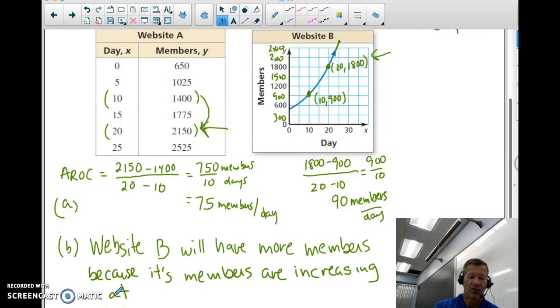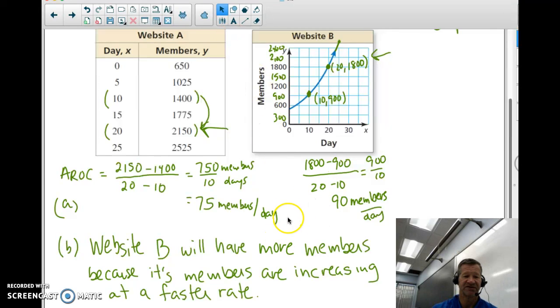So the one that is higher at a given time isn't necessarily going to be the one that ends up being a higher value. The one that's increasing at a faster rate is going to be the one that's higher. Okay, so that one took a little longer, but hopefully that was easy to understand for you.